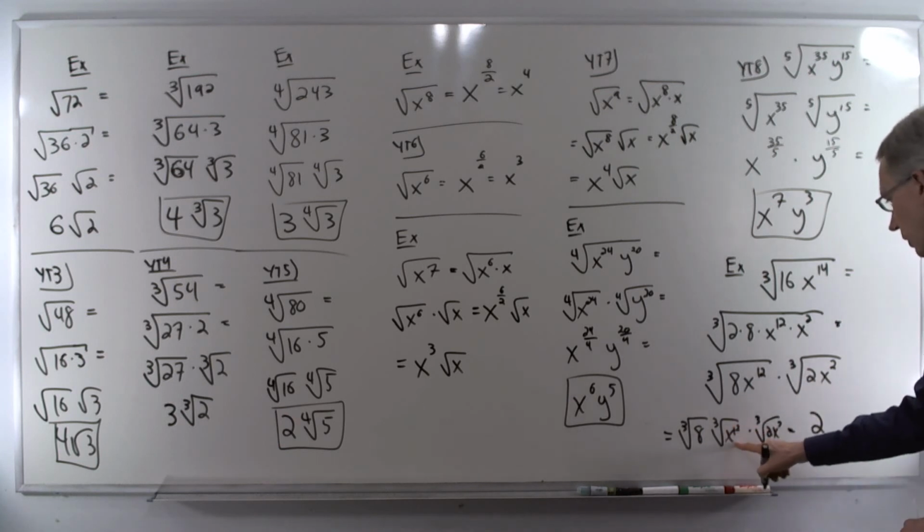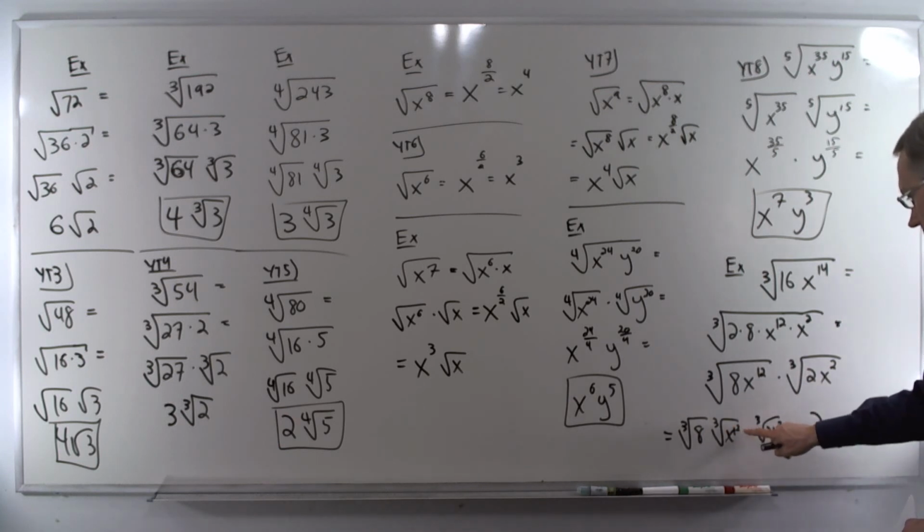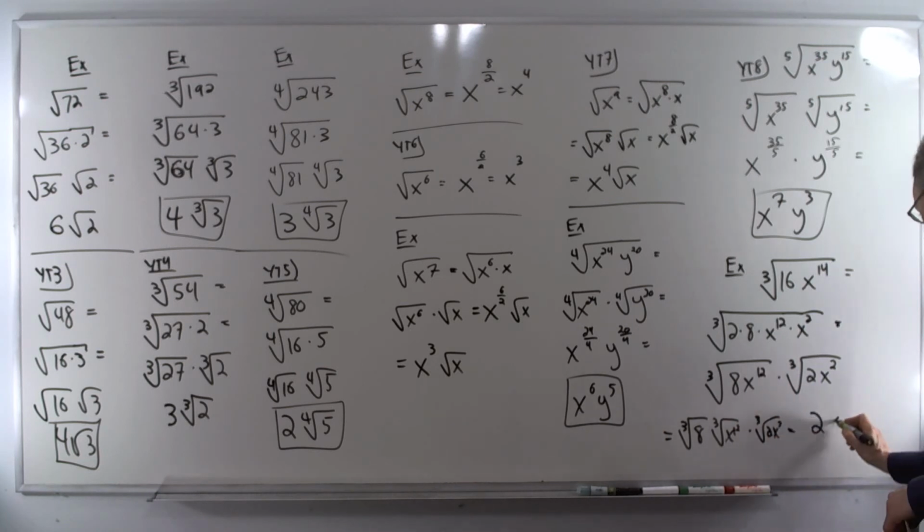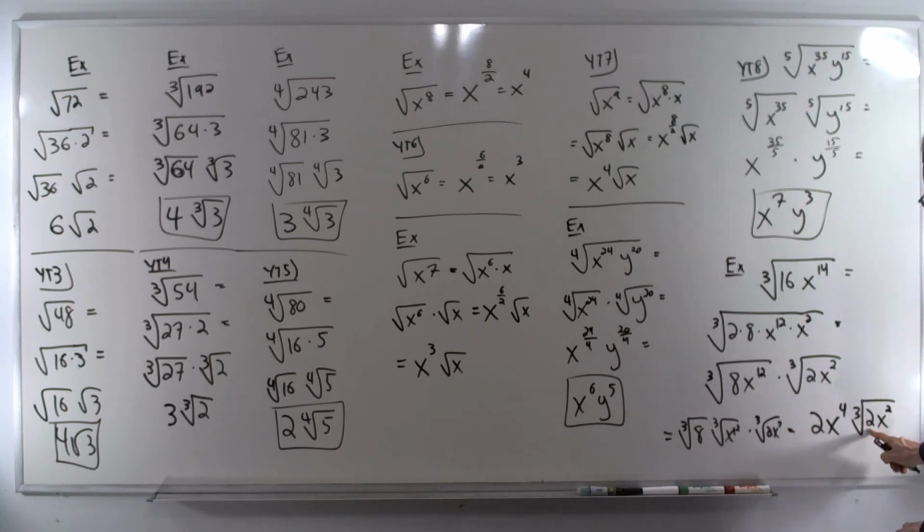Third root of x to the 12th, in rational exponent form, is 12 divided by 3, which is 4, so x to the 4th power. And then the leftovers stay inside the radical, 2x squared. Now, 2 does not have any factors that are perfect cubes, and for x squared, the exponent is less than the index, so that is fully simplified.